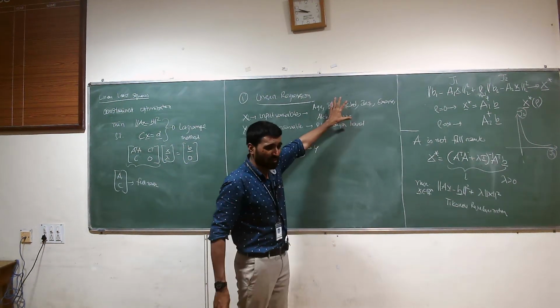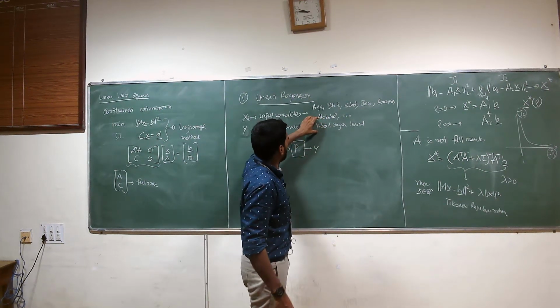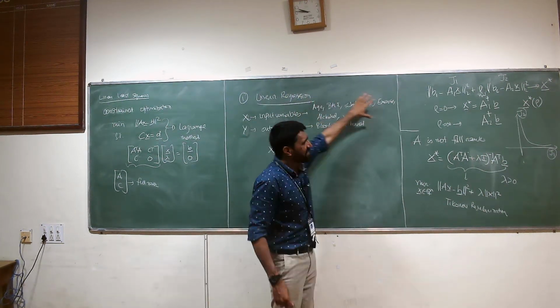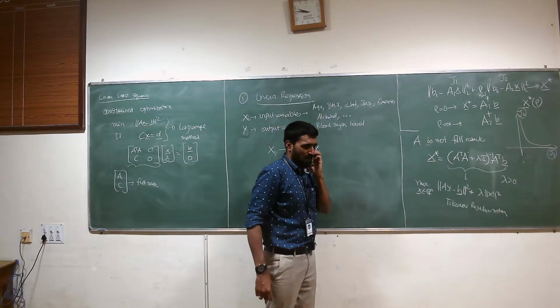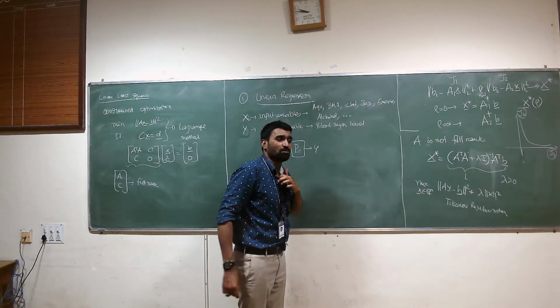So you could ask, why do you want a model like this? Let's say there are 15 variables here, and we are saying we want to make these 15 measurements to actually predict this variable. That makes no sense, where blood sugar level is actually easy to measure.